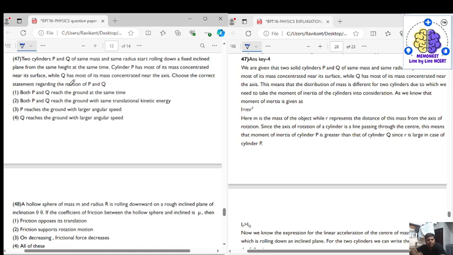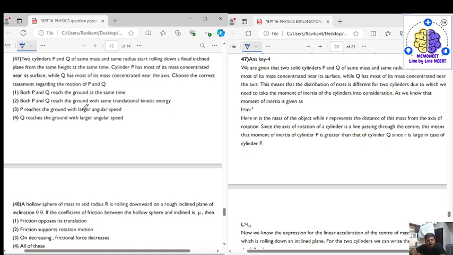Choose the correct statement regarding the motion of P and Q. Both P and Q reach the ground at the same time. Both P and Q reach the ground with the same translatory kinetic energy. P reaches the ground with larger angular speed. Q reaches the ground with larger angular speed.